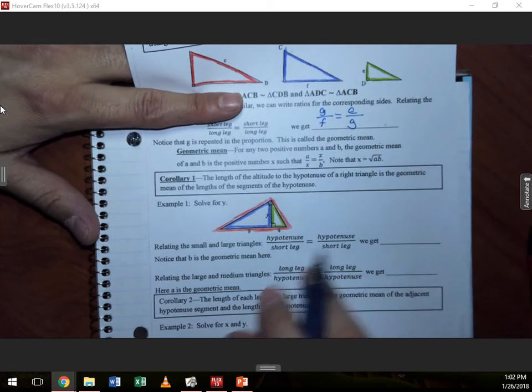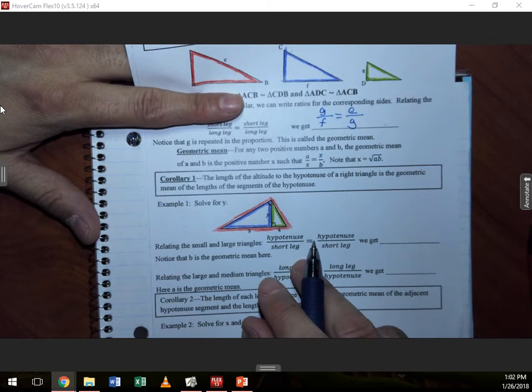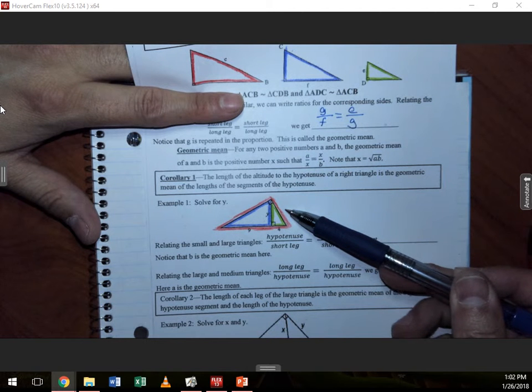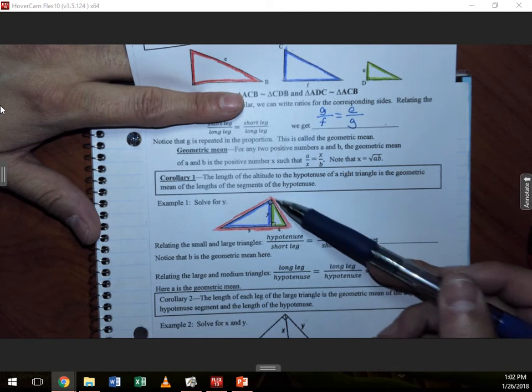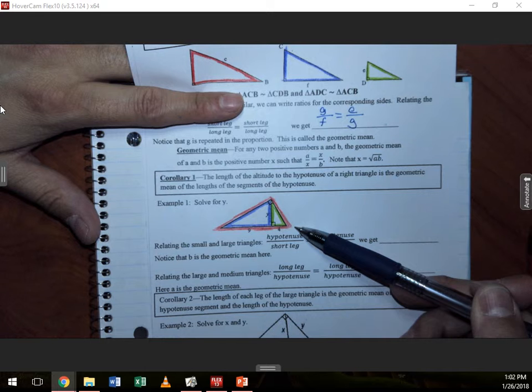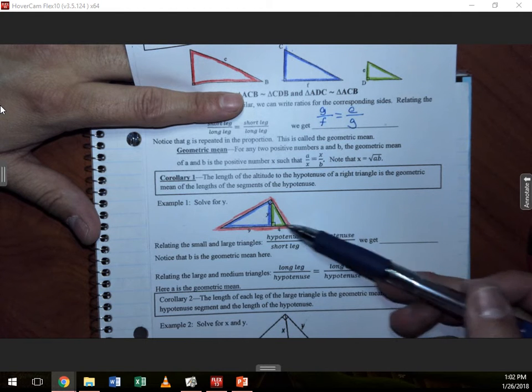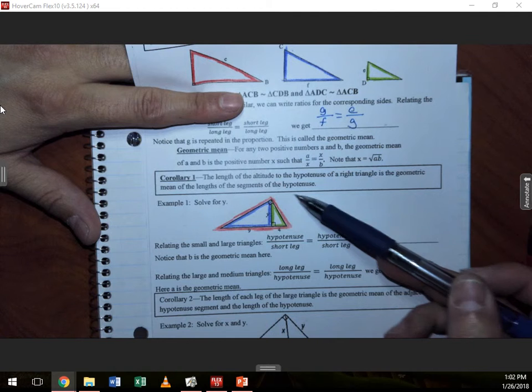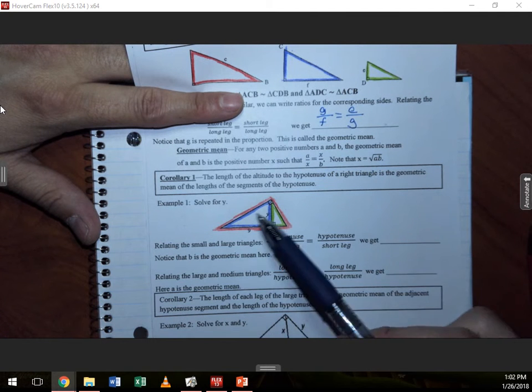Now, we're going to look at the large. Do I know what the short leg of my large is? Say no. Because I don't have any value there. There's nothing there. Okay? So I'm not going to put anything there right now. How about this one over here?